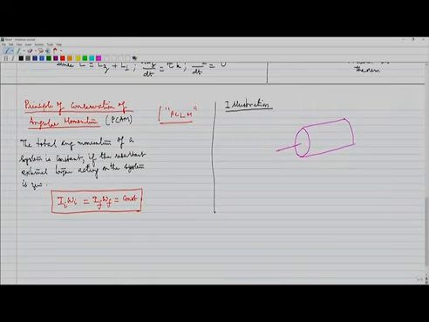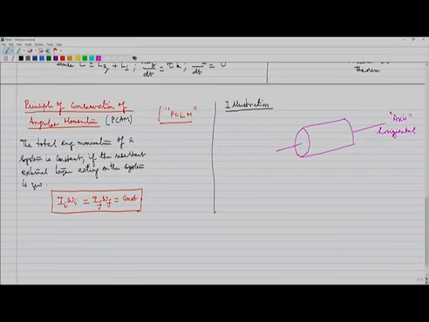This is the horizontal axis of the cylinder. This is horizontal.